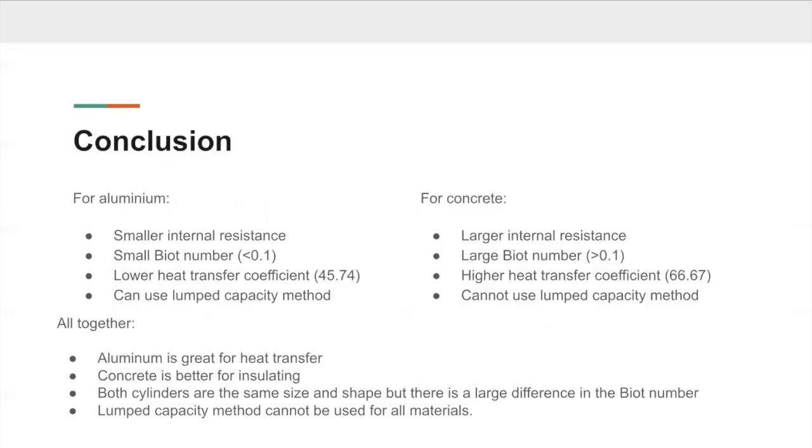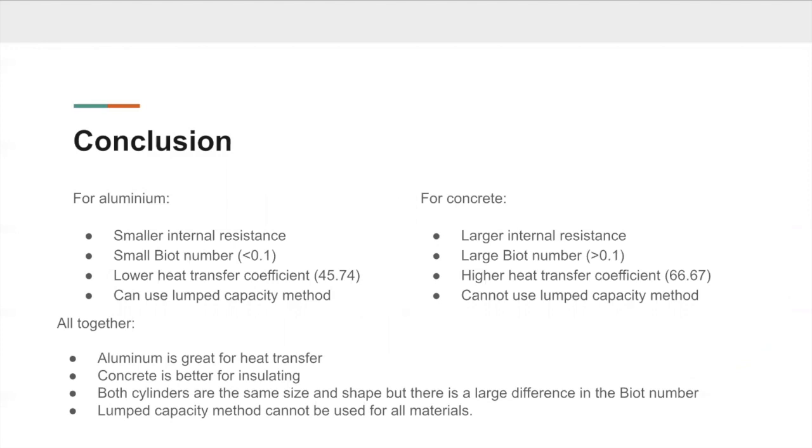So in conclusion, for aluminum, aluminum had a smaller internal resistance, a small Biot number, a lower heat transfer coefficient of about 45.74, and you could use the lumped capacity method. For concrete, it had a larger internal resistance, a large Biot number greater than 0.1.